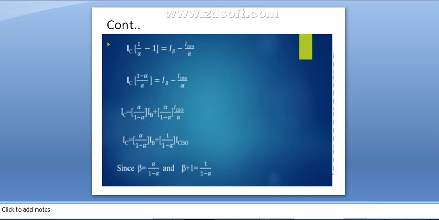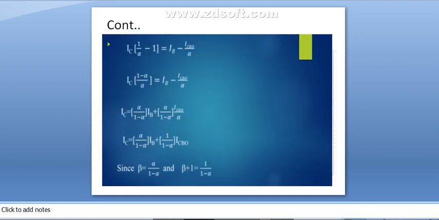Taking LCM, we get IC into 1 minus alpha by alpha equal to IB plus ICBO by alpha, and IC equal to alpha by 1 minus alpha into IB plus 1 by 1 minus alpha into ICBO. Since beta equal to alpha by 1 minus alpha and beta plus 1 equal to 1 by 1 minus alpha, we substitute.